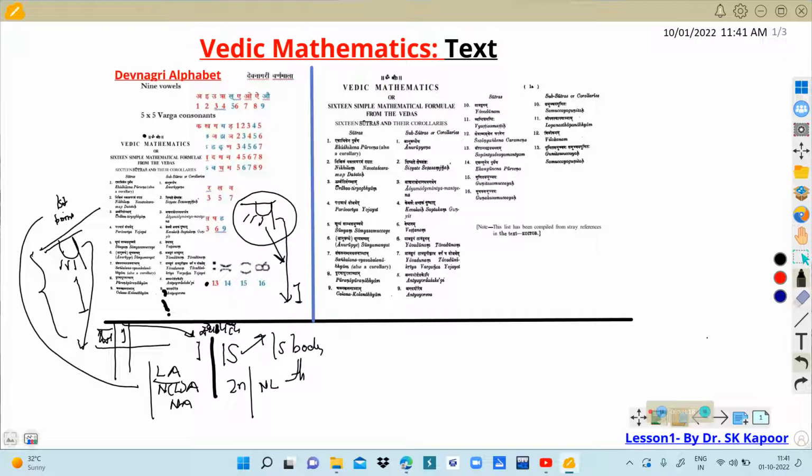These are the 9 vowels. These are sound based. These script forms are sound packages.